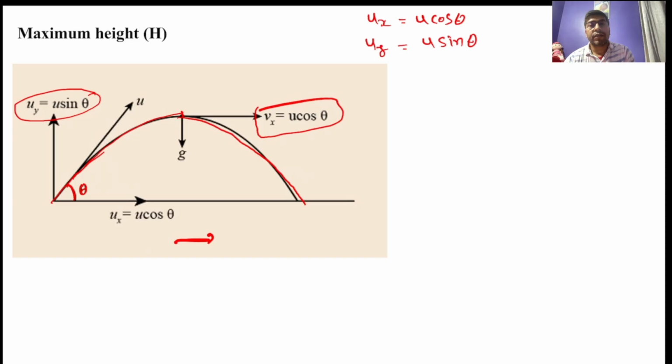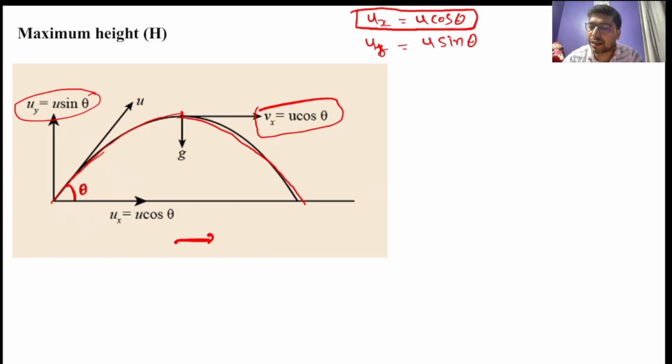Now forget about the x component. Why? Because we have to calculate height, and height will come from which component? While considering the vertical motion of the object, the initial velocity of the vertical component is u sin theta. So discuss only the vertical component. Clear?